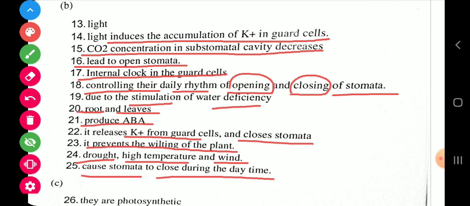Drought. When it's dry, for example, you have to prevent losing much water from the plant, you have to conserve water. I'm not going to explain all the factors, just a few points to help out. So the factors are drought, high temperature, and wind.